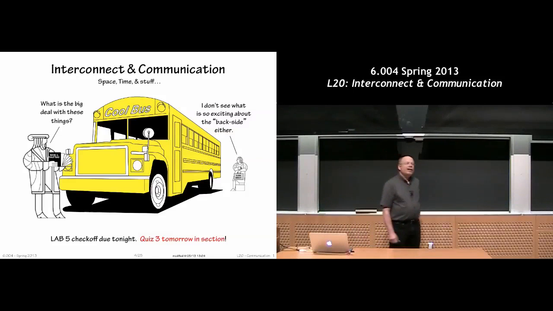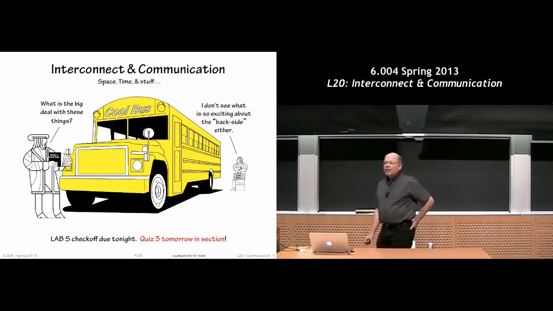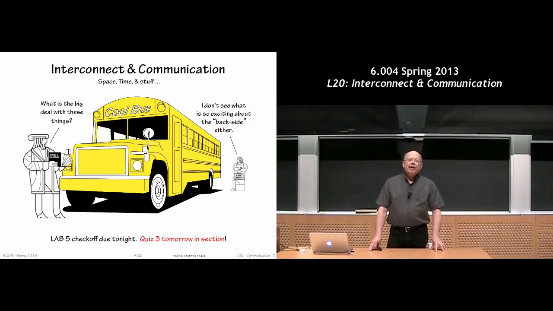So today we're going to shift gears a little bit, and talk about the techniques we use to glue all the components of a modern processing system together. It's interesting because those techniques have changed dramatically over the last 5 or 6 years, and we seem to be headed in a new direction.